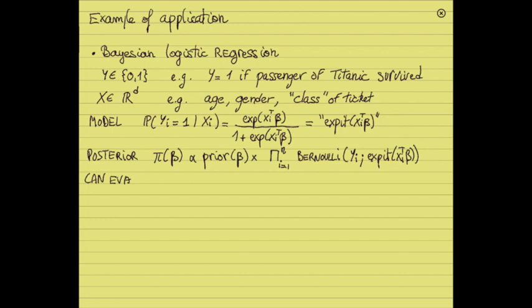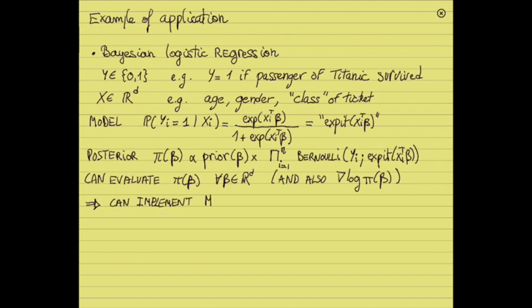For a cost that is of the order of little n, the number of observations, and also, I guess, linear in d, we can evaluate the posterior density up to a normalizing constant for any coefficient beta. And we can also evaluate the gradient of the log posterior density with respect to beta. And thus we can implement Metropolis Hastings with a variety of proposals.